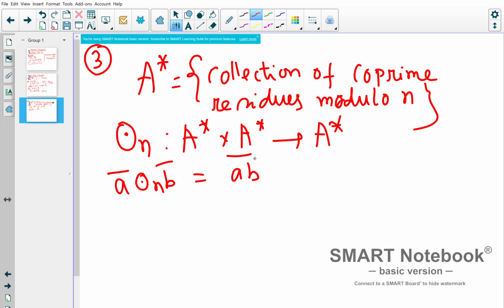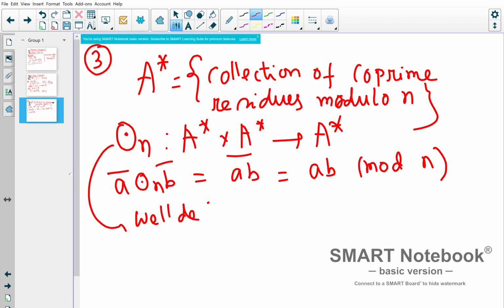What is the meaning of AB whole bar? It means AB mod n. It is closed under this, because if both A and B are co-prime, then the product is also co-prime. So this is obvious. This is a well-defined map, a function.